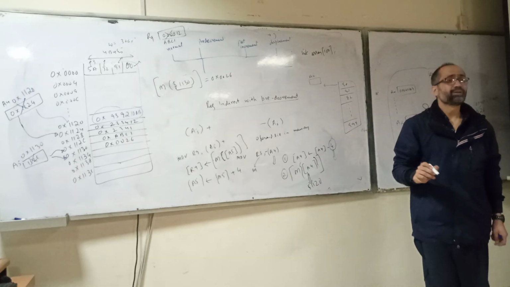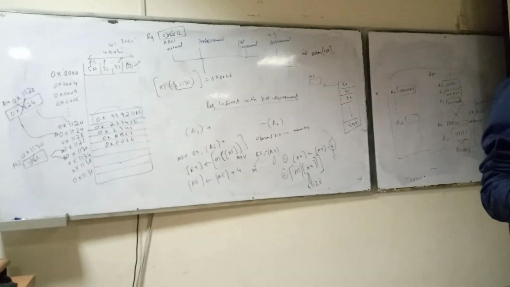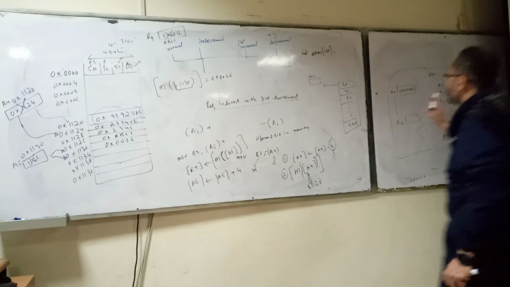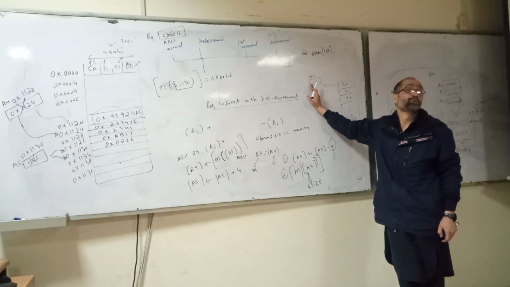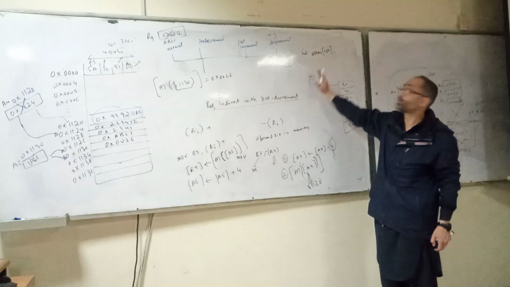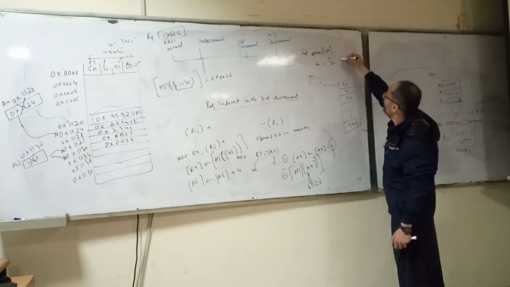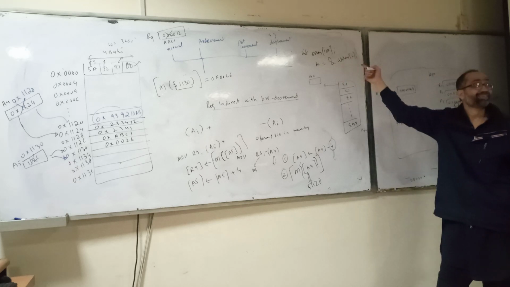Actually, now it is the static allocation. It is a static allocation. Static allocation means the first element will be pointed to by some address register, maybe A0. And what is A0? A0 is actually the address of array 0. And what is the address of array 0?